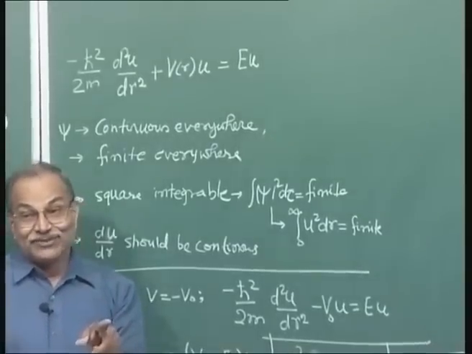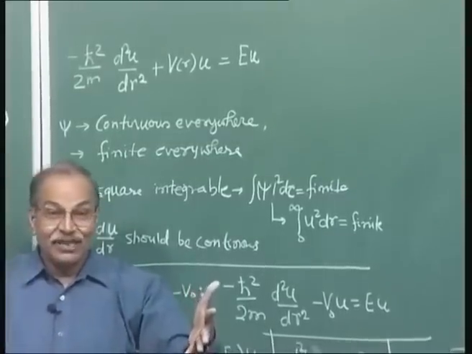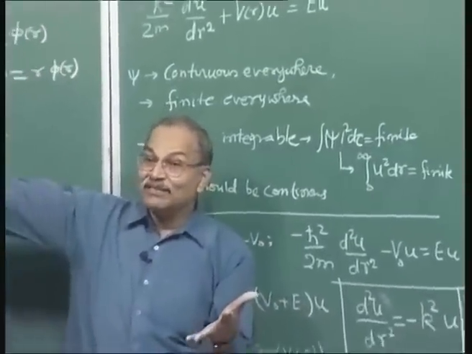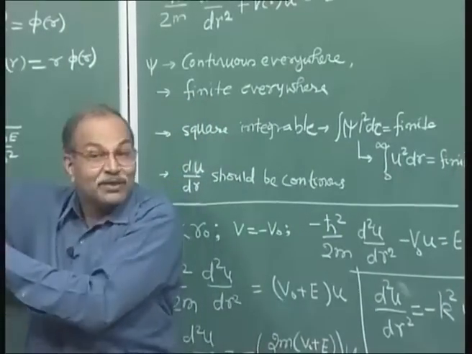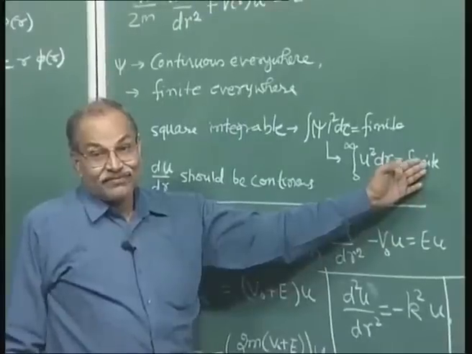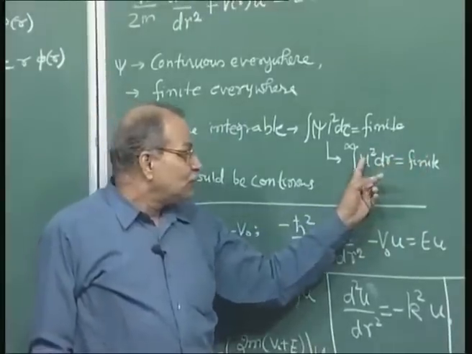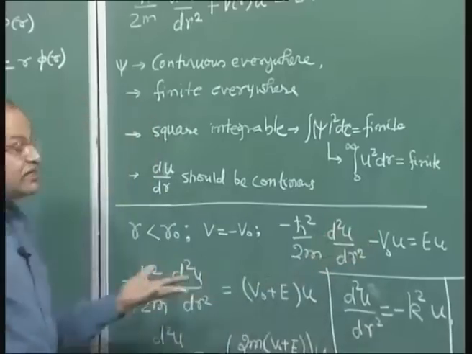So, it has to die down, so that the whole area is finite. If even at r equal to infinity this function is not becoming 0, it will keep on giving you areas and the total area will not be finite. So, this u must become 0 when r is very large.